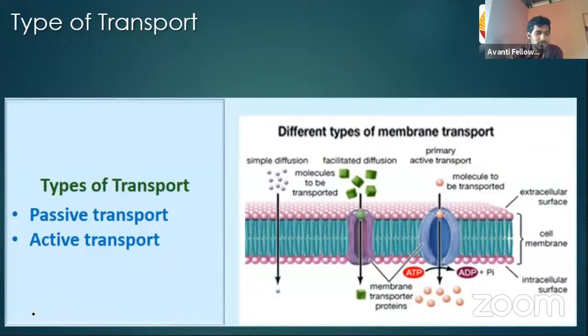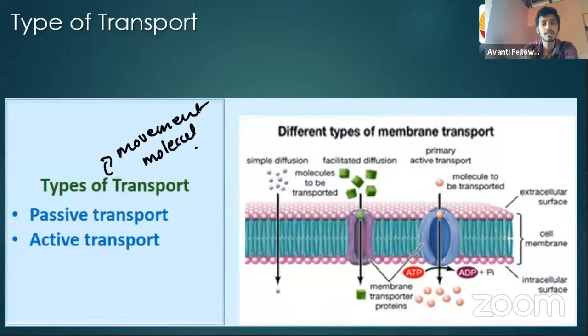So types of transport we are discussing. I told you transport means movement, right? Movement will happen of different molecules or ions. We can divide it into two types. Passive transport, that means without wasting any energy, no energy needed for this kind of molecule.